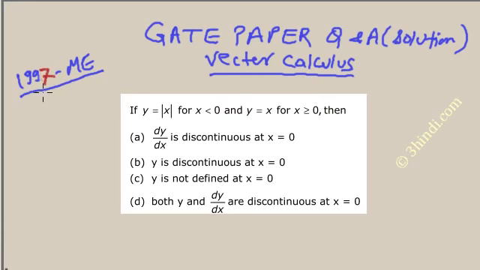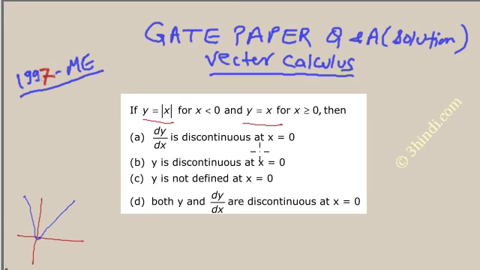This is a 1997 question. If y is mod of x, then if you plot this curve, for x less than 0, y should be positive, and for x greater than 0, y is equal to x. So this blue one is the graph.